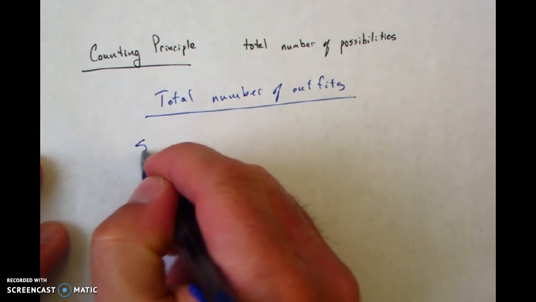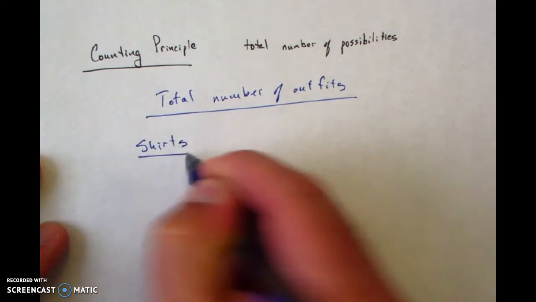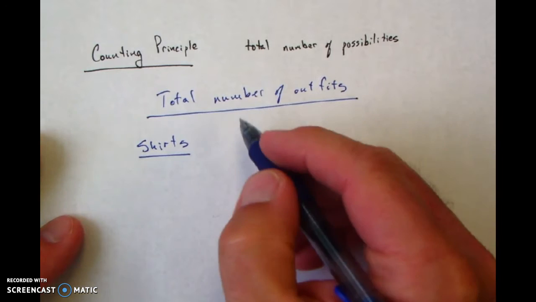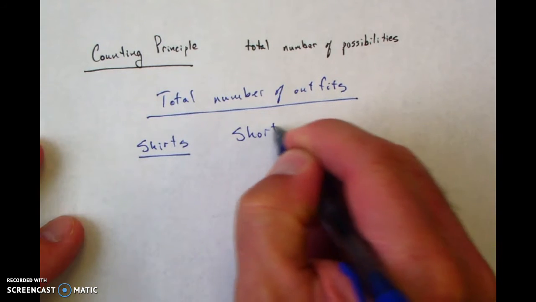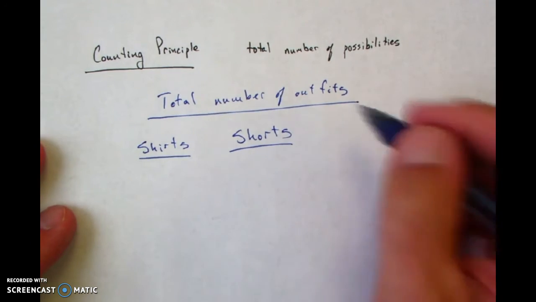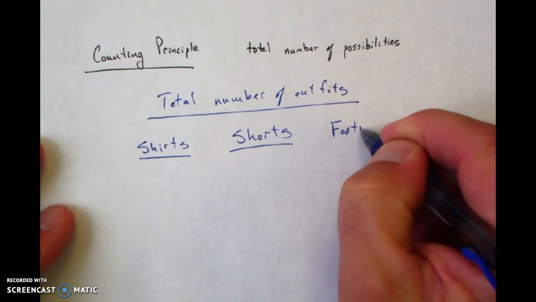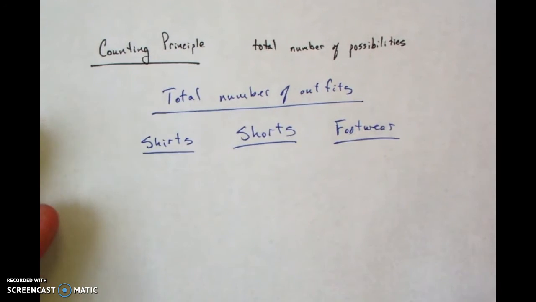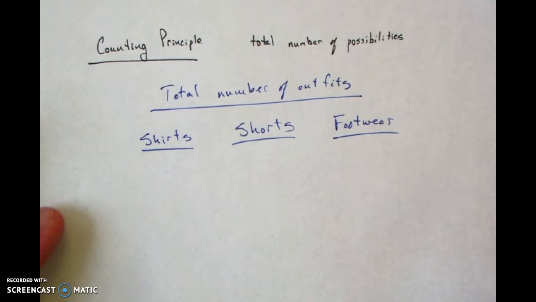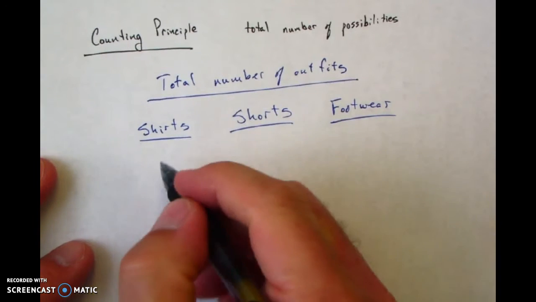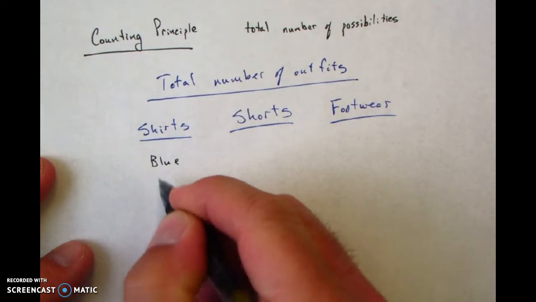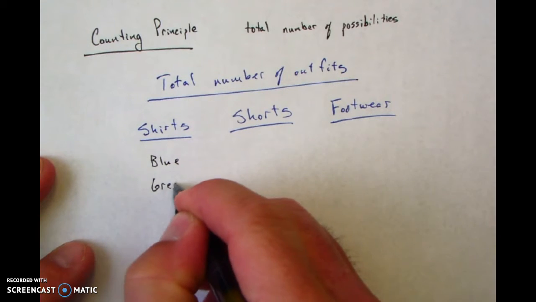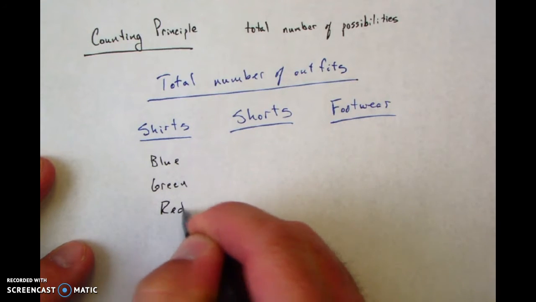I'm going to pack my shirts, and it's going to be nice and warm where I'm going, so I'm going to pack some shorts, and I need some footwear. And so we're going to count everything as if it all goes together. So I've got a blue shirt, a green shirt, and a red shirt.